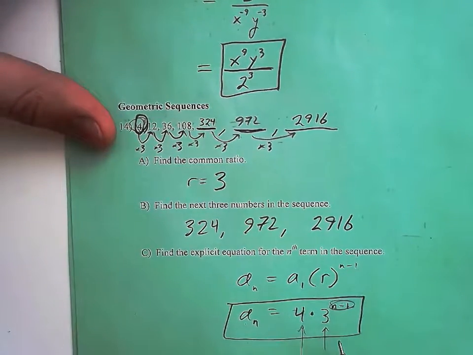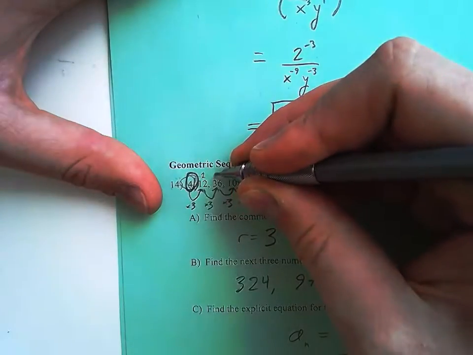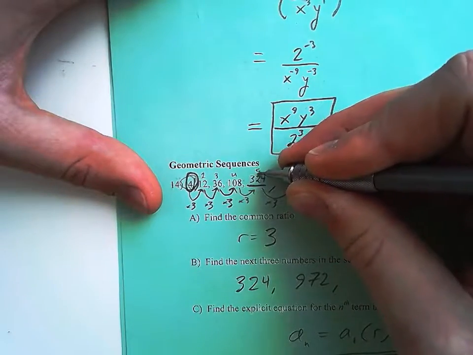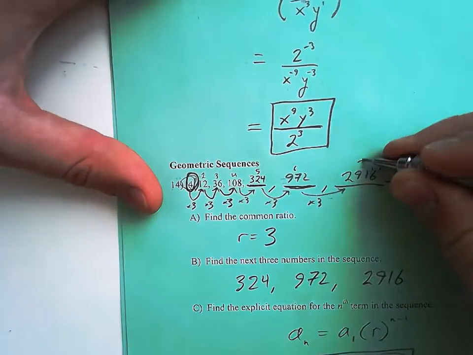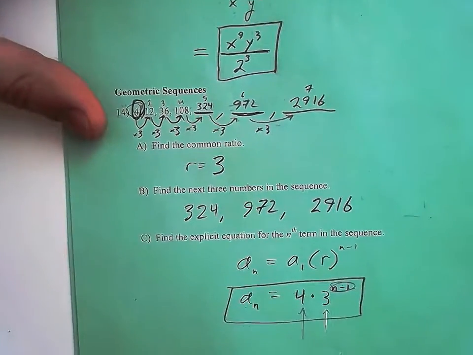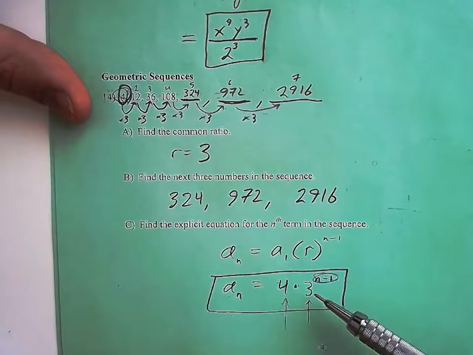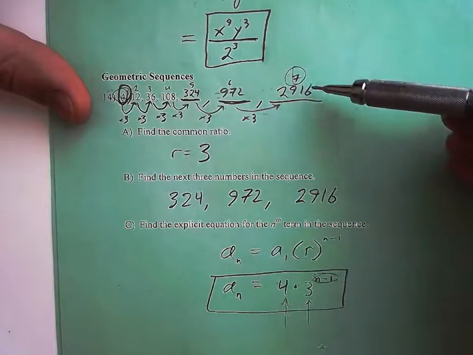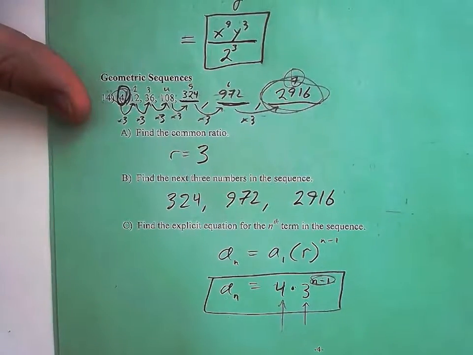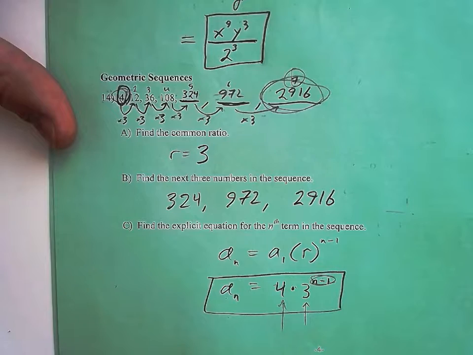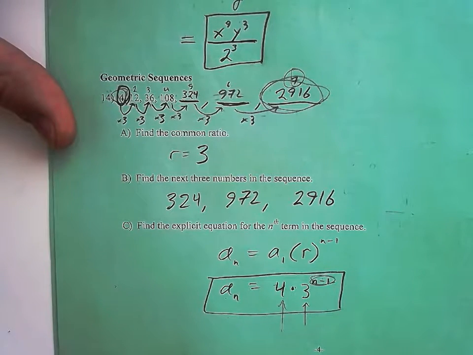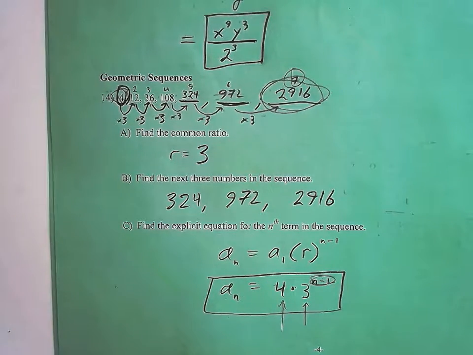So that's for n equals 2. N equals 2, n equals 3, n equals 4, n equals 5, n equals 6, n equals 7. So how you can test this, put in your calculator 4 times 3 to the 6th power and see if it gets you that 7th number in the sequence. And it should work. That's how you could have tested your answer to make sure you were on the right track.